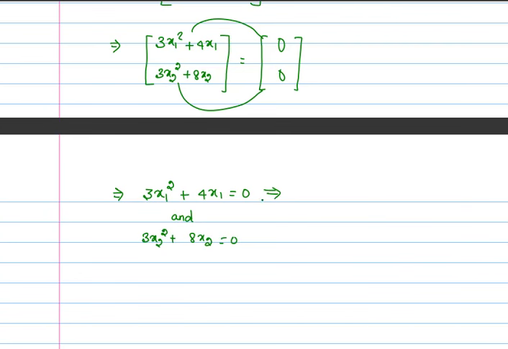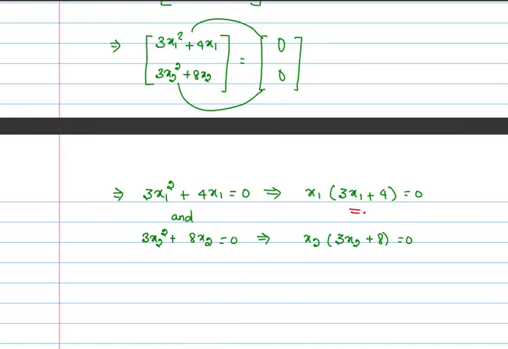The first equation: take x1 common, so x1 times (3 times x1 plus 4) equals 0. The second equation: take x2 common, so x2 times (3 times x2 plus 8) equals 0.